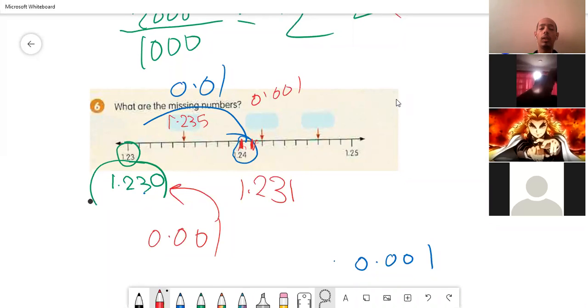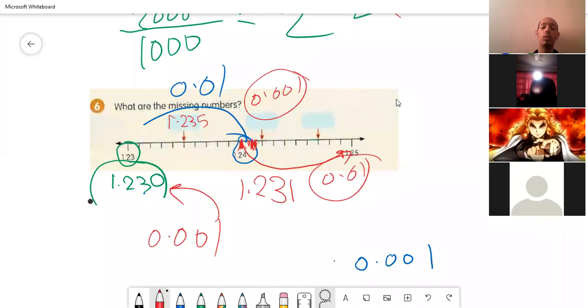Why? Because the difference between this and this is 0.01, so it must be smaller. The number between the two small divisions should be smaller than this, which is 0.001.